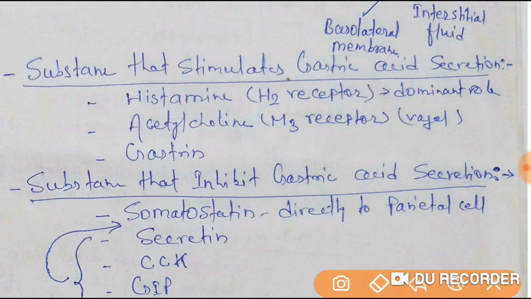Here it is gastric acid secretion, not gastrin secretion; I have already talked about gastrin secretion. This is the gastric acid secretion, which is stimulated by histamine, acetylcholine, and gastrin.